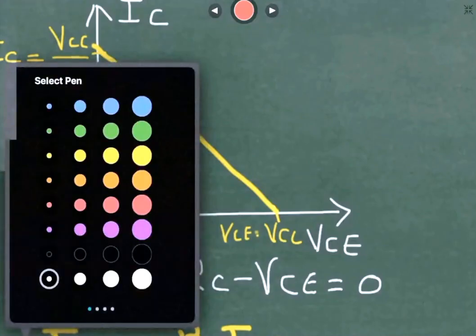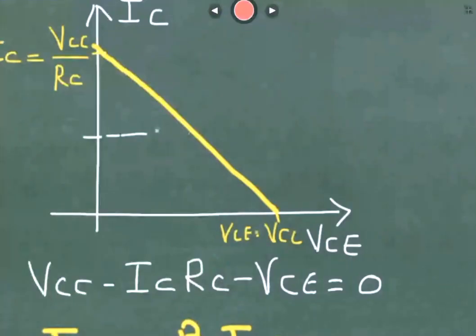The Q point is always defined such that it is at the center of the load line. We take care that the Q point is always at the center of the load line. And why is it at the center? So that the transistor functions for both the cycles. There are many things behind this, but for now just remember these things.